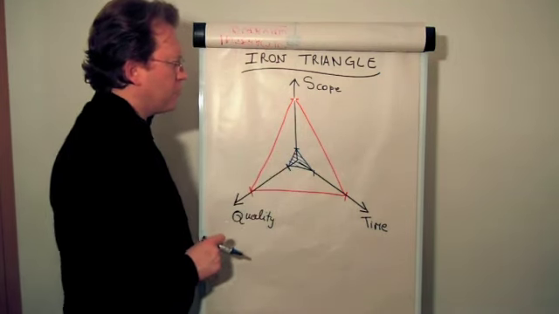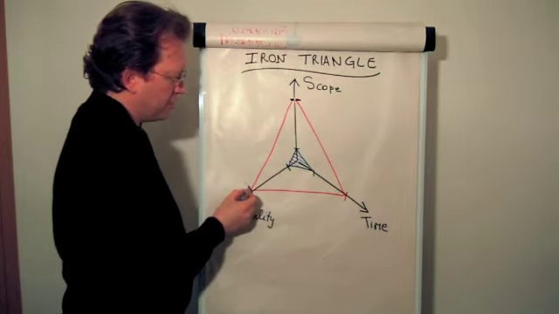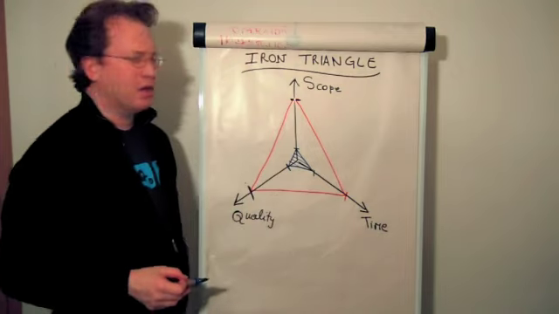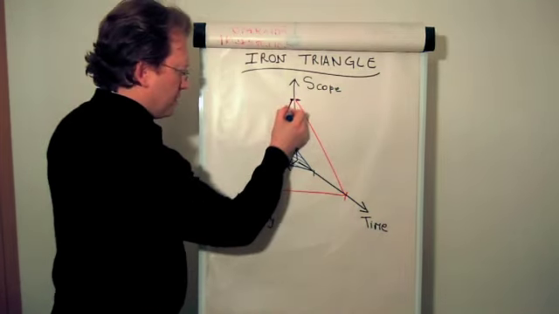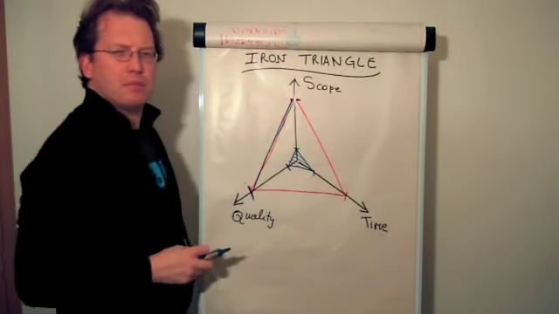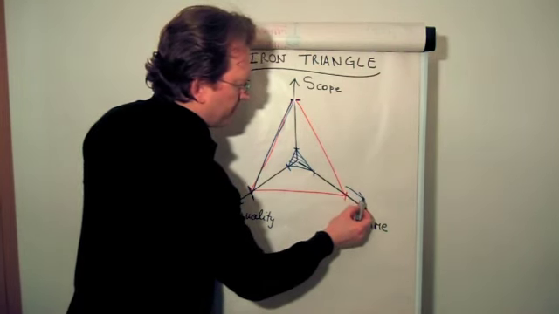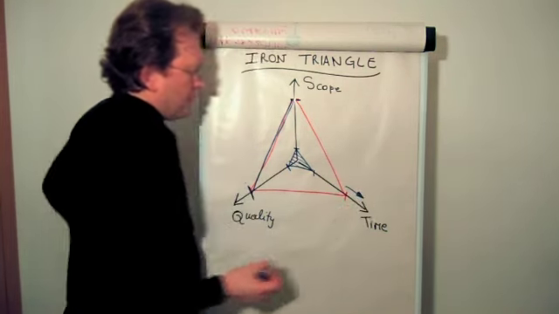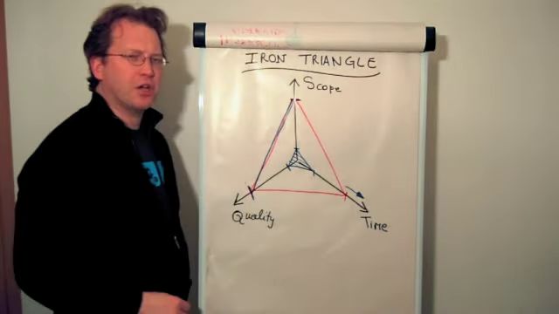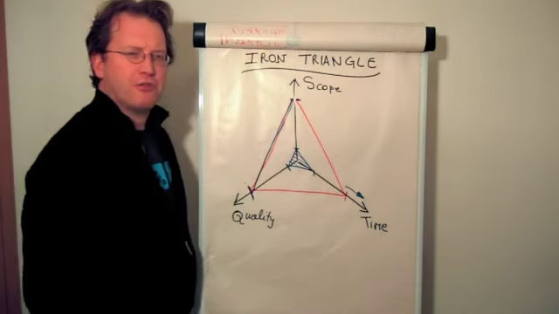If you choose scope and quality, meaning we'll do everything we have in mind and we want to do everything well, we are on this side of the iron triangle. It means that you are going to trade time, and so here time will move in this direction most of the time. It makes sense for some projects where you cannot go beyond a given scope and you have to deliver good quality.